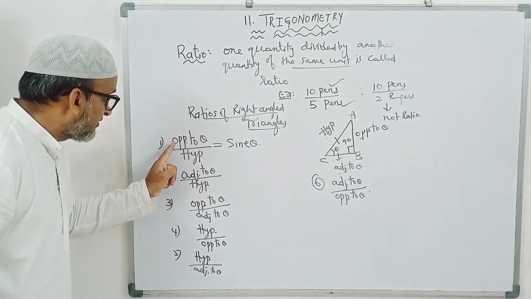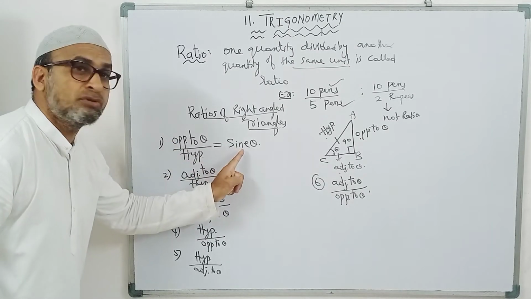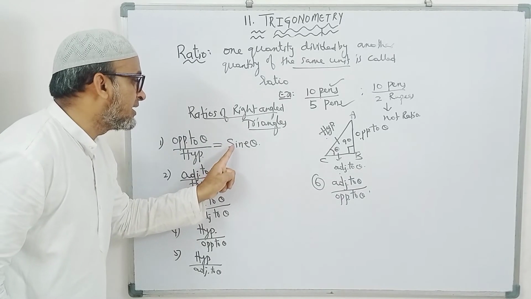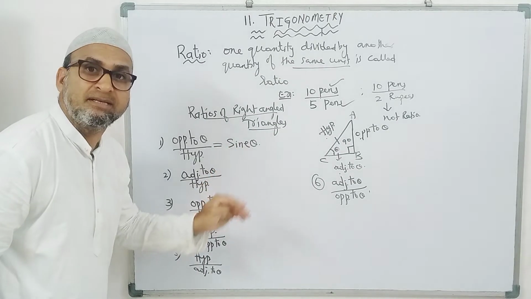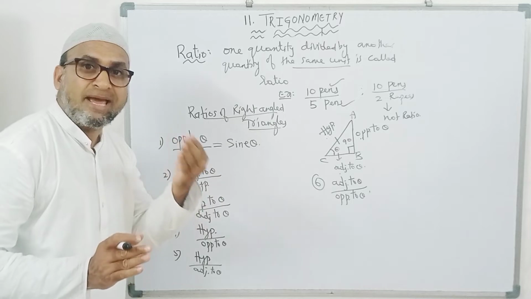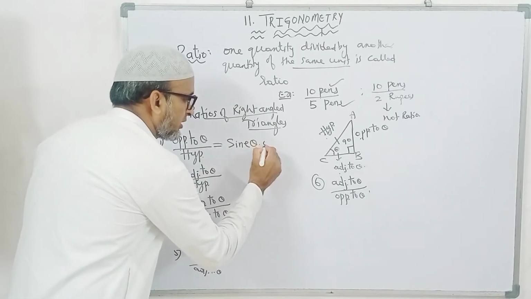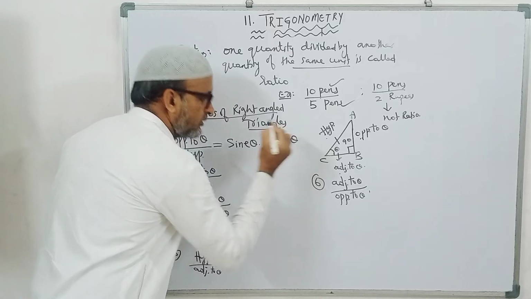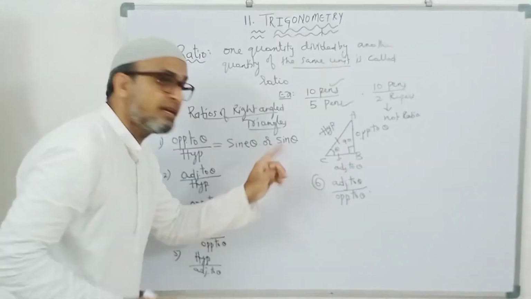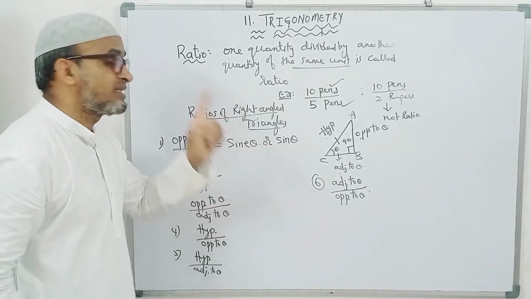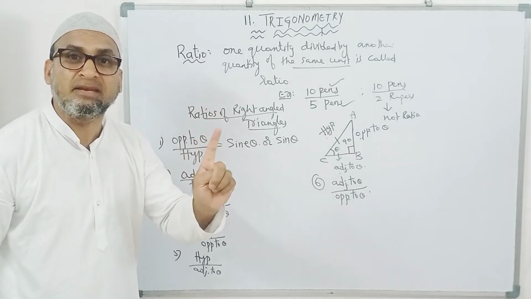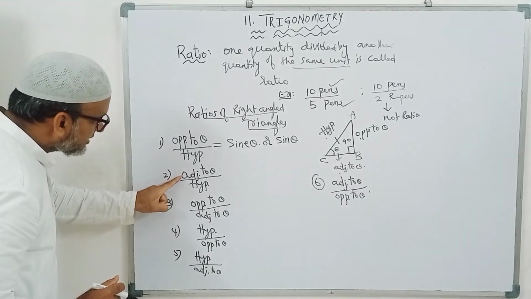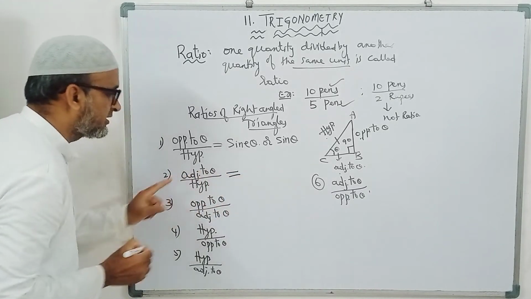If you see anywhere opposite to theta by hypotenuse, according to trigonometry, this name is sine, S-I-N-E, sine theta. Some readers shortcut this as sin. Sine, S-I-N-E, sine theta.